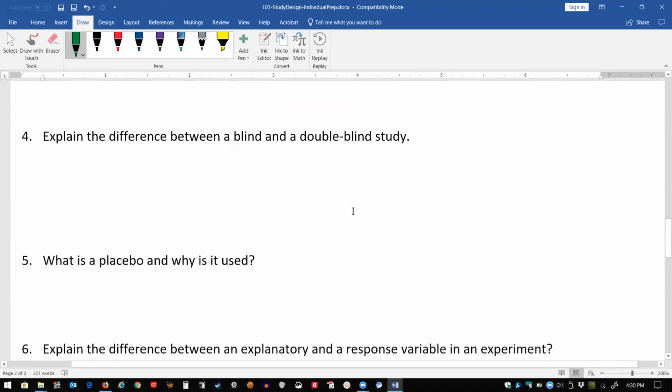Now, if you want to further eliminate bias: if a researcher is splitting people up into groups, hopefully they're doing it randomly, but there is a chance that the researcher may be biased towards one group or the other. Maybe they're researching this new cutting-edge teaching strategy that they helped develop. They really want this to be shown to work well.